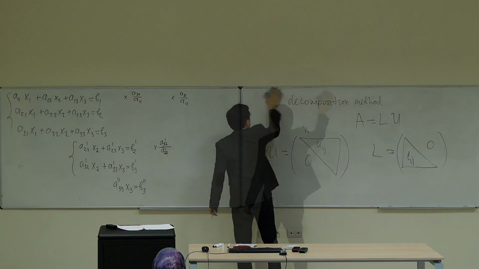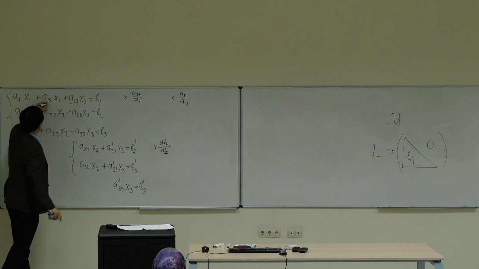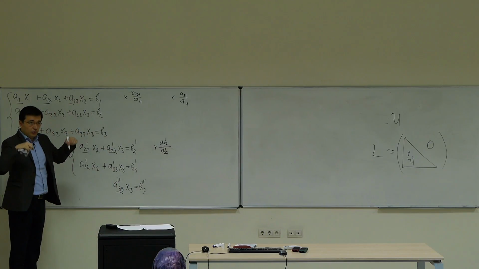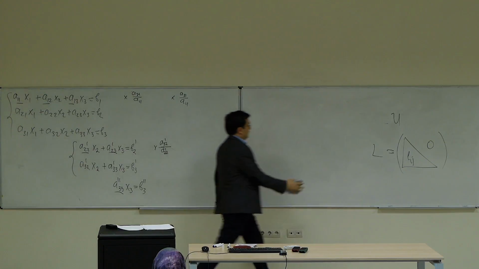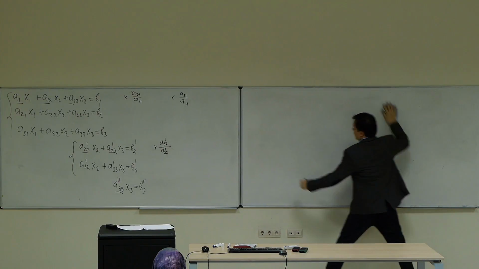Let's see how. It turns out these coefficients are already matrix U. All right? Remember, U is the upper triangle.